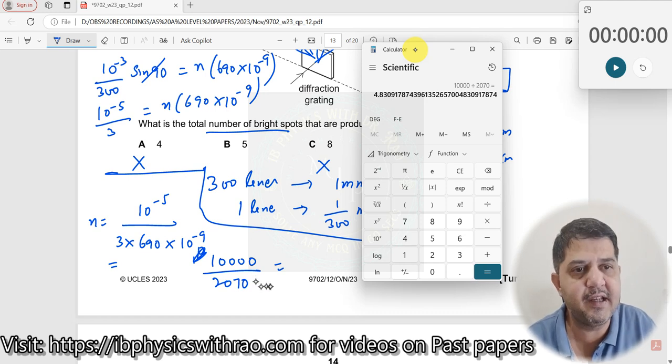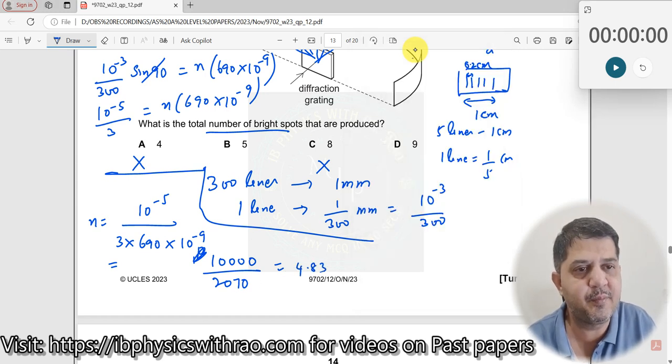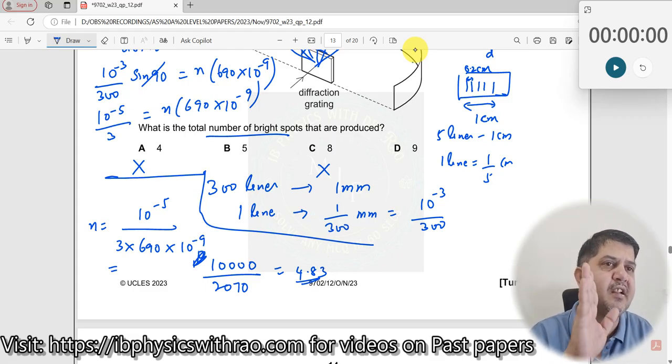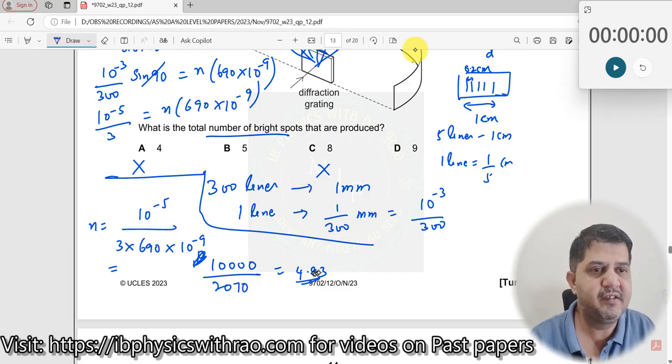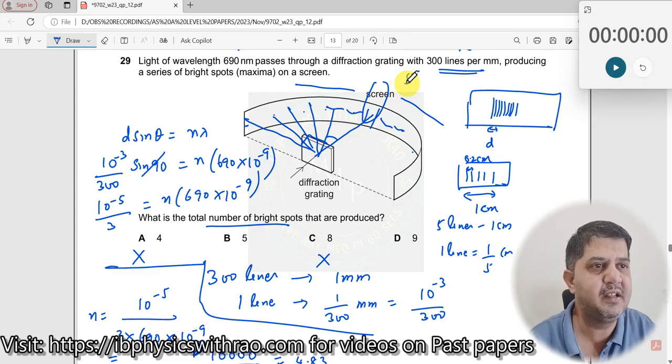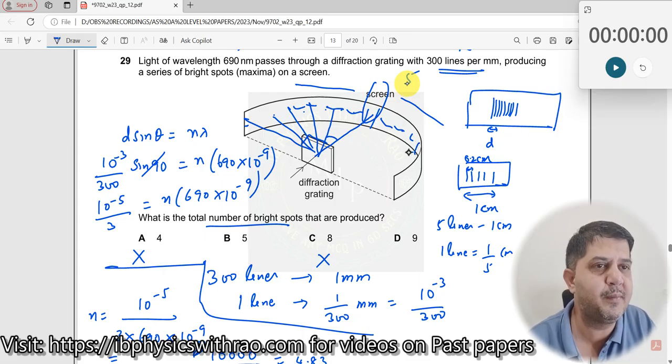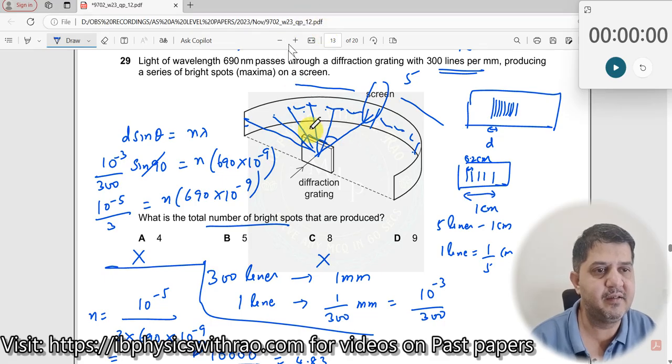I get 4.83. I should not take up the 0.83, because you can either get 4 spots or 5 spots, you cannot get 4.5 spots. So if I get 4 spots here, 1, 2, 3, 4, here also you get 4 spots. The total number of spots is 4 plus 4, 8, plus 1, 9. So the total number of spots should be 9, so D should be your right answer.